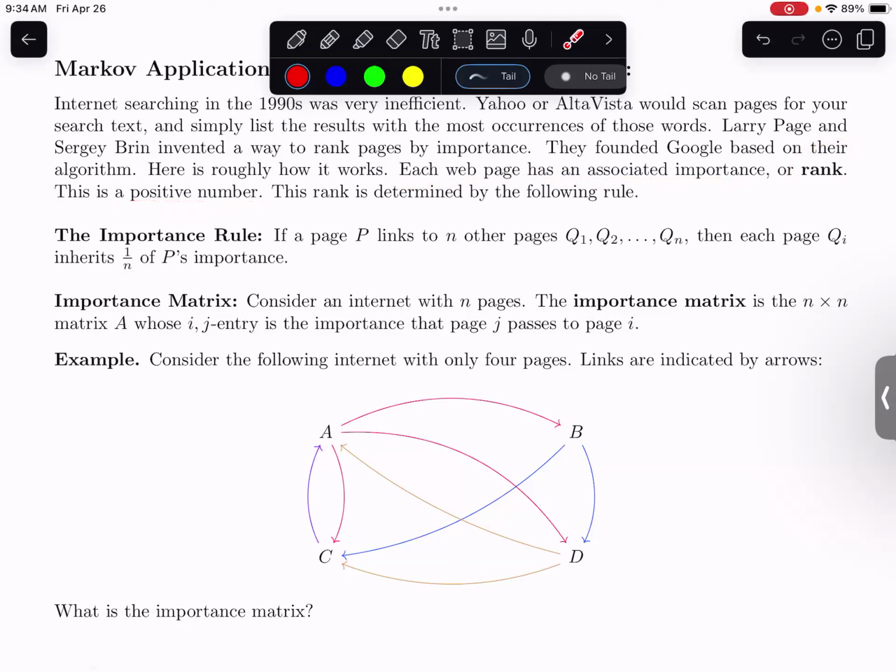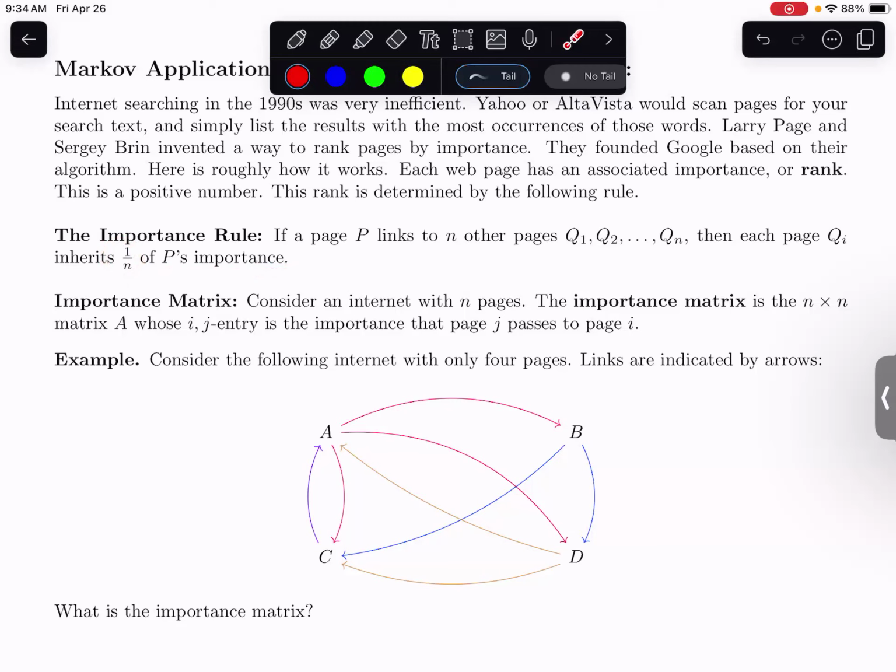The rank is going to be determined by the following rule, known as the importance rule. If you have a page P that links to n other pages denoted by Q1, Q2, up until Qn, then each page Qi in this list is going to inherit 1 over n of P's importance.